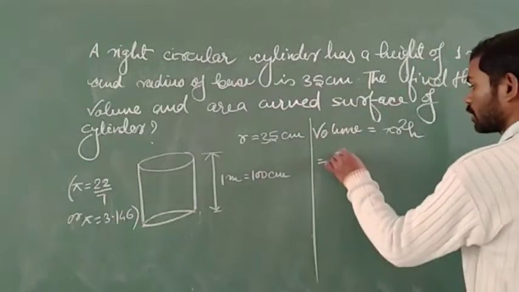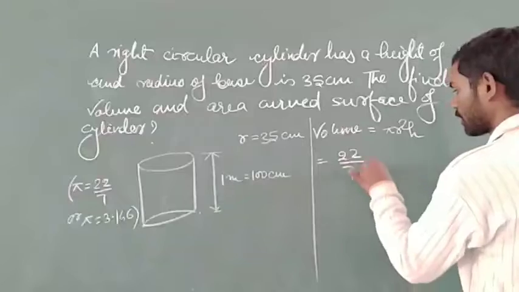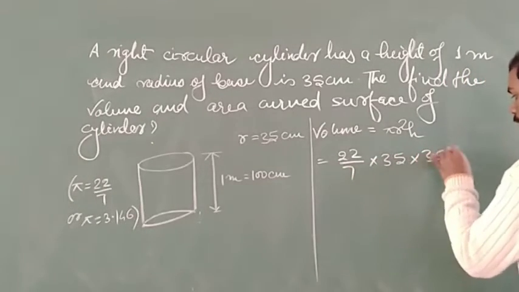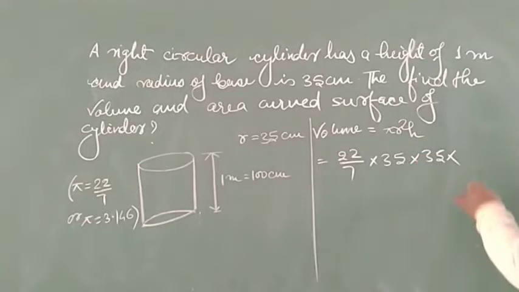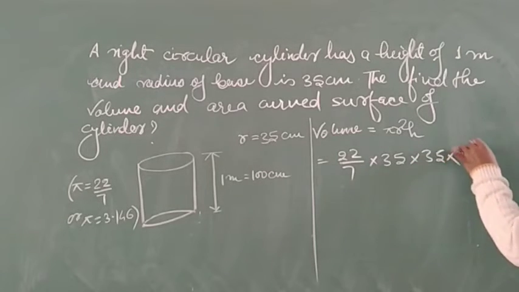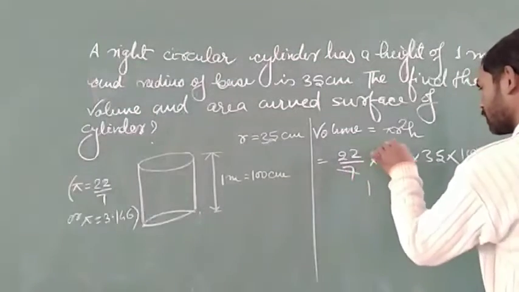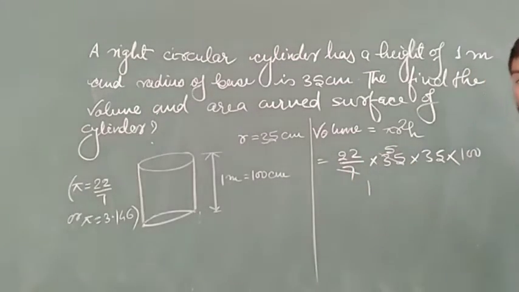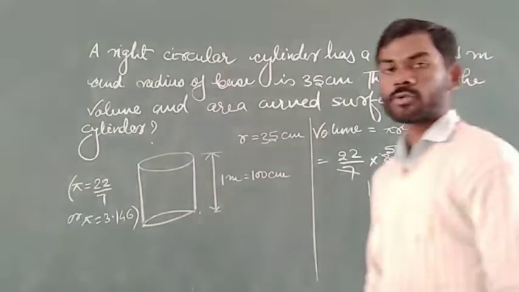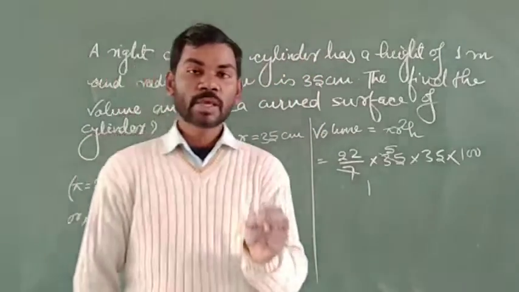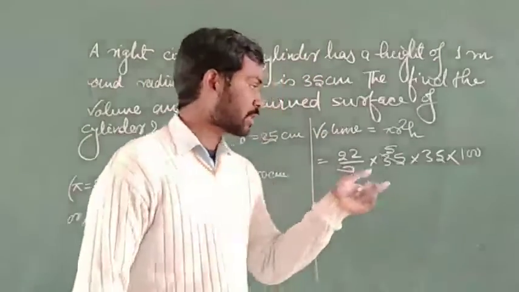So here we write 22/7 multiplied by 35 and h can be written as 100. Okay, now 7 under 7, 7 by 35. Or in order to reduce the calculation, we can change the unit.